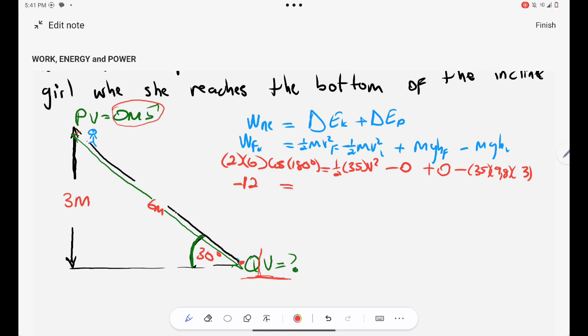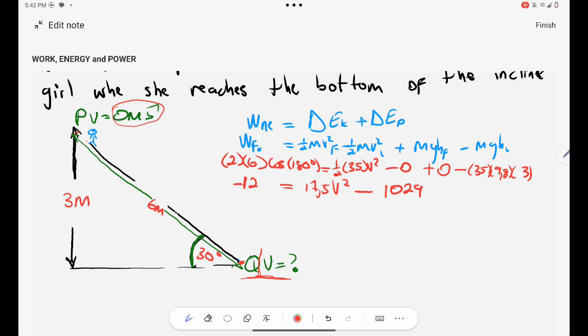This will simply give me negative 12, and then I'll simply have 17.5 v squared minus, I'll just neglect these zeros, 35 times 9.8 multiplied by 3. That's basically 1029.